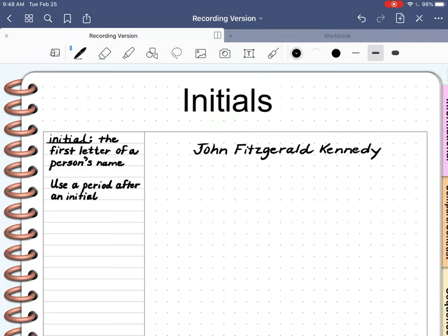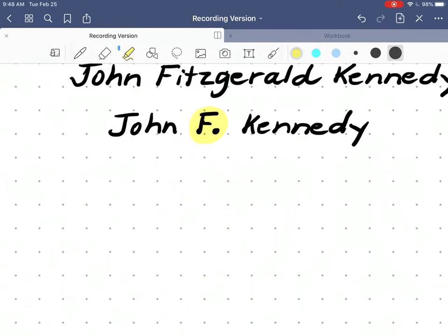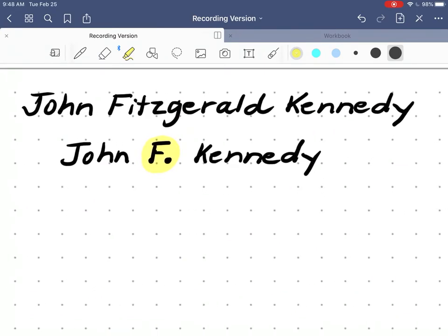And most always you will just see his name written John F. Kennedy. So this is the initial. And you see that I still capitalize it, but we need to put the period after the initial because it is a shortened form of this word.